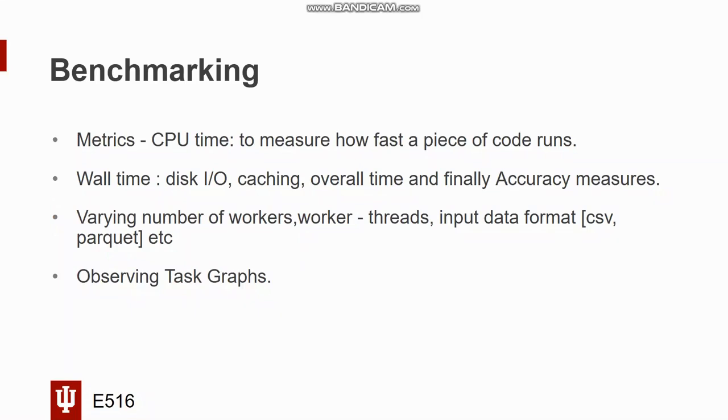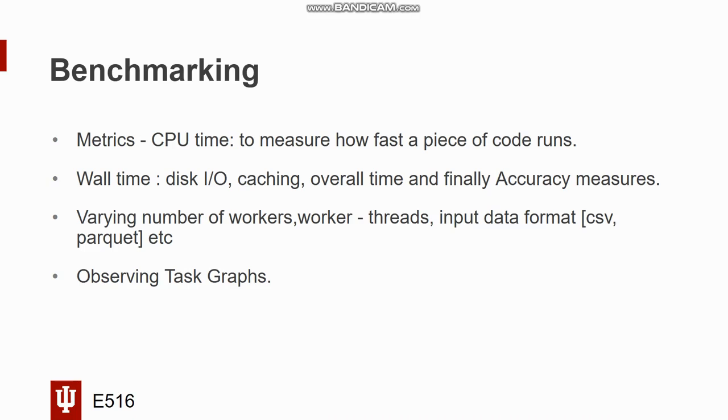Yes. So now that we have finished with understanding how we set up the cluster and the XGBoost algorithm, etc., we will move to benchmarking and the kind of metrics that we use to perform this study. To begin with, we used CPU time as our first benchmark to understand how fast a piece of code ran.